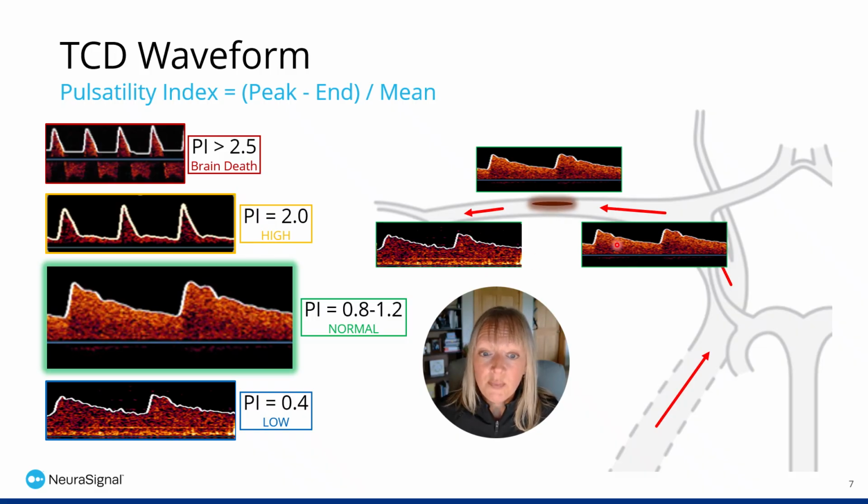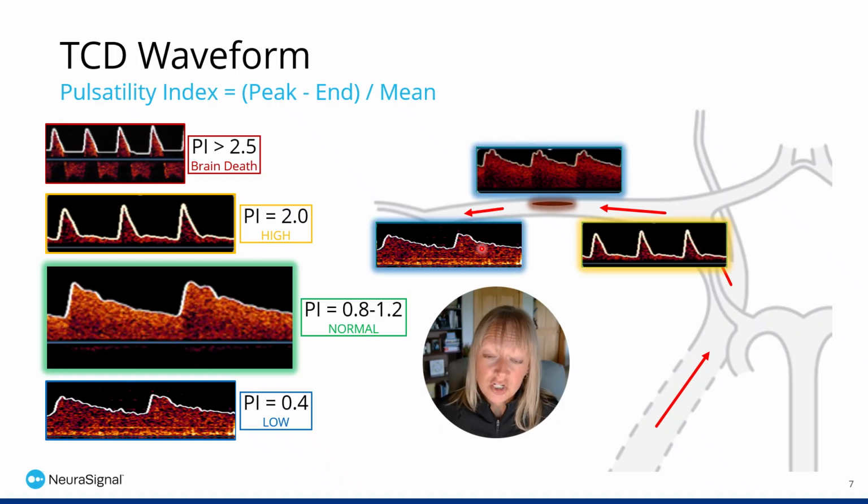If there is a type of narrowing, vasospasm, stenosis, whatever is causing that narrowing, you'll see different waveform morphology changes. You'll have a high PI right before that narrowing, a low PI, a high mean at the narrowing, a low mean, and a low PI after the narrowing.